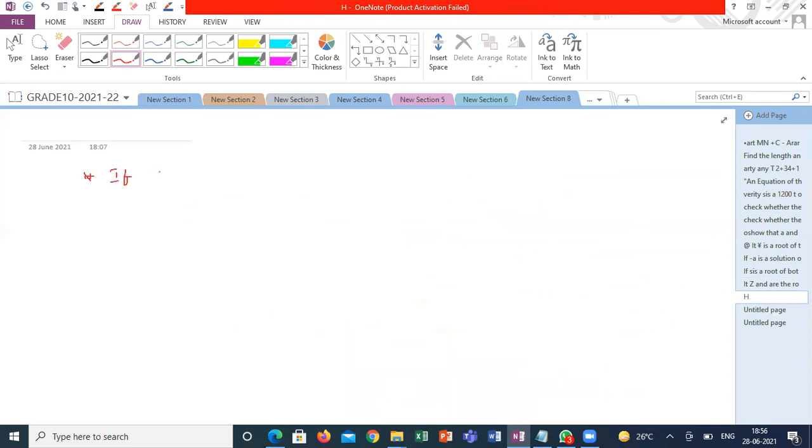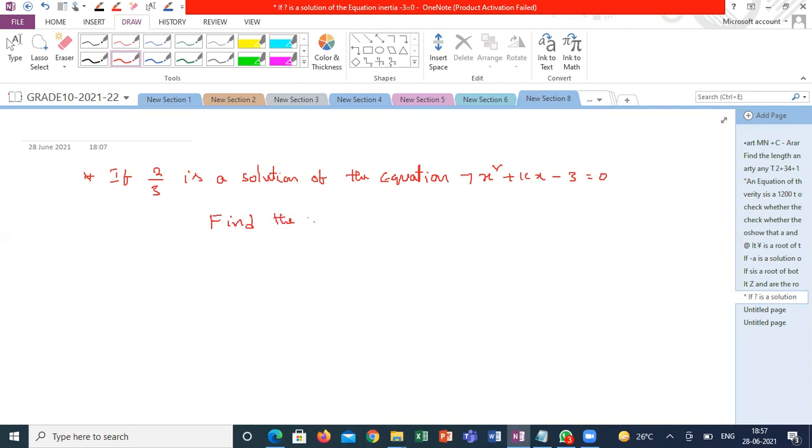If 2 by 3 is a solution of the equation 7x square plus kx minus 3 is equal to 0, find the value of k. Please guys, solve it.